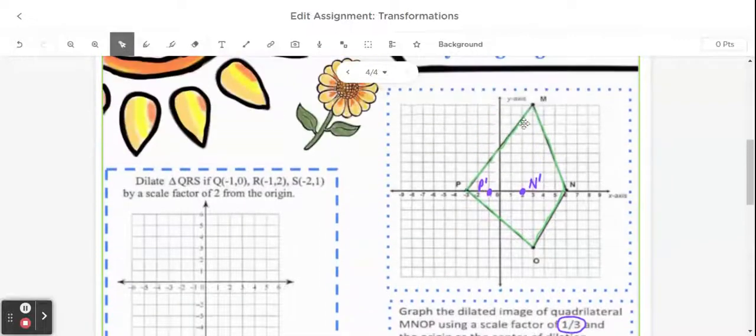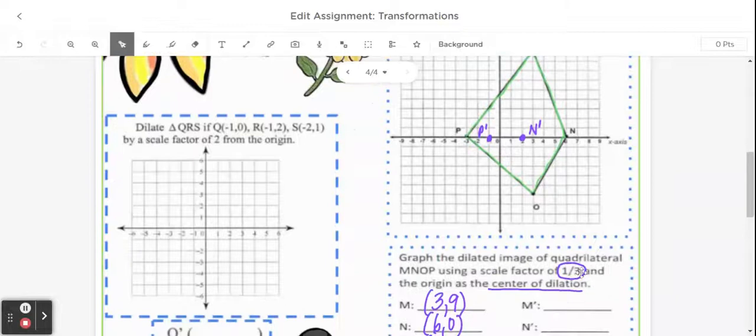Okay, these ones are a little trickier. For M, I like to count. M used to be 3 right and 9 up.